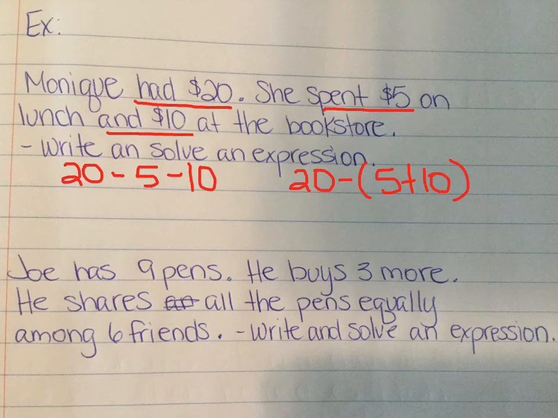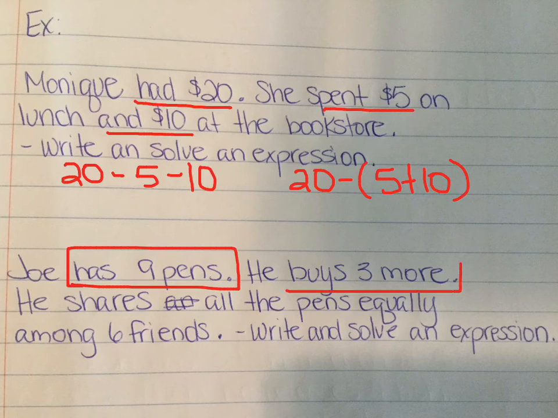Now the next one says Joe has 9 pens. He buys 3 more. He shares all the pens equally among 6 friends. Write and solve an expression. So he has 9. Has means he's starting with 9. He buys 3 more. If you buy something, you're adding to your collection, right?